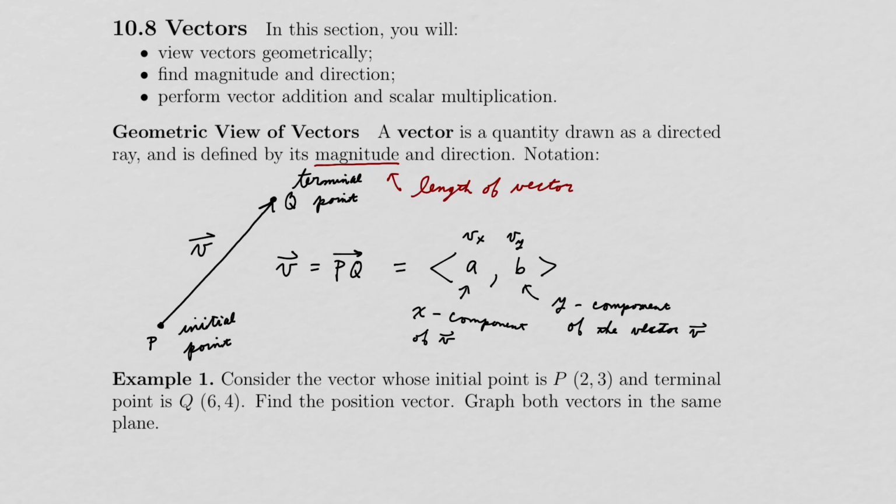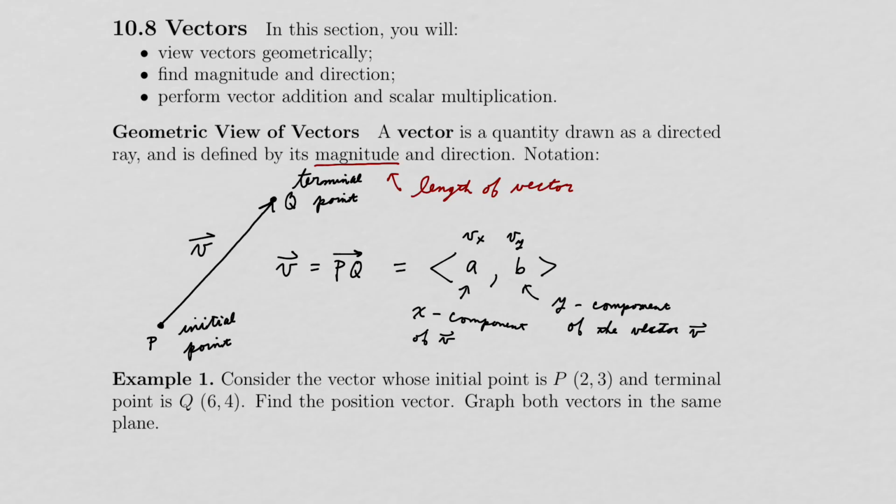Actually, we will define the direction later. Again, when we have a coordinate system, we will define it by an angle. So the angle will tell us the direction. So it has a magnitude given by the length, and a direction given by the angle.